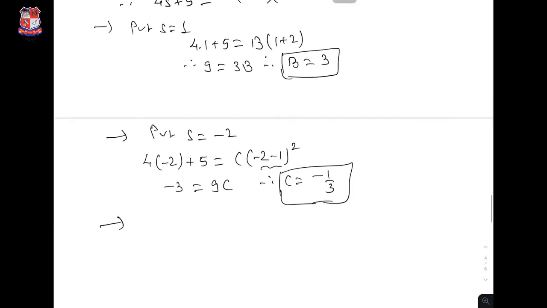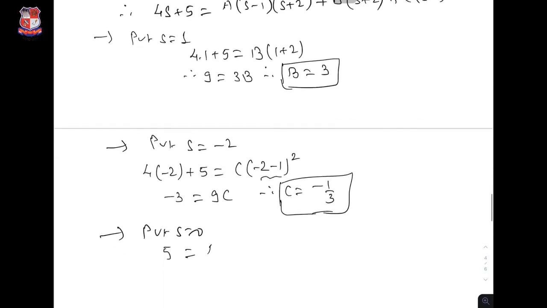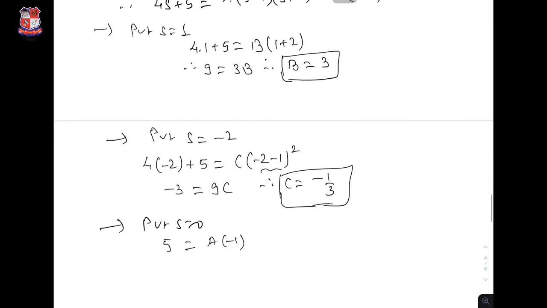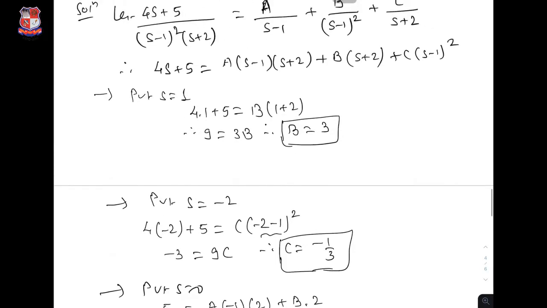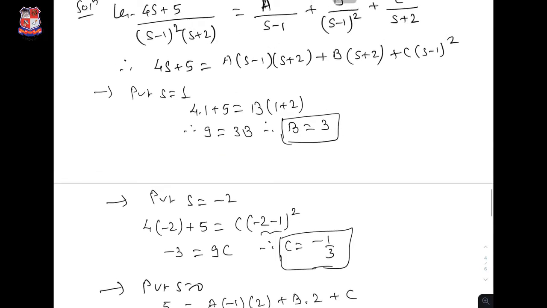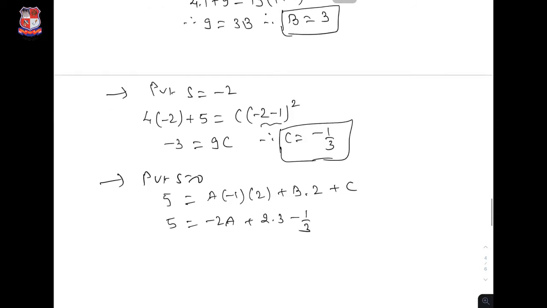So we can put s equal to 0, then left side is 5, right side is a into minus 1 into 2, plus b into 2, plus c into (0 minus 1) square, which is 1. Now put b equal to 3 and c equal to minus 1 by 3, and then you can find out the value of a.